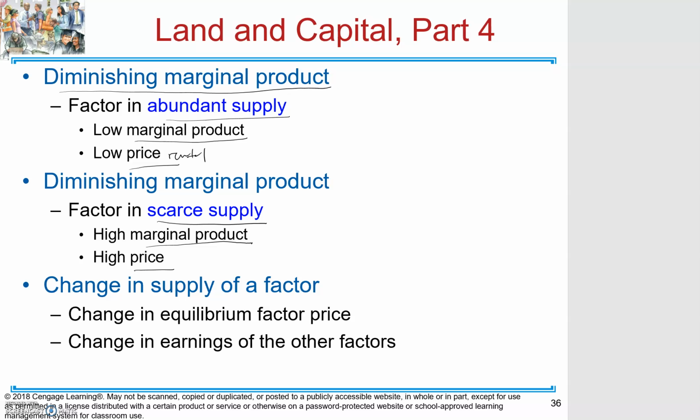How about change in the supply of factor? When supply of factor increases or decreases, this will change also the equilibrium factor price and also change in earning of the other factor. So meaning here, contohnya tadi dekat sini capital kan. Okay, price for capital.